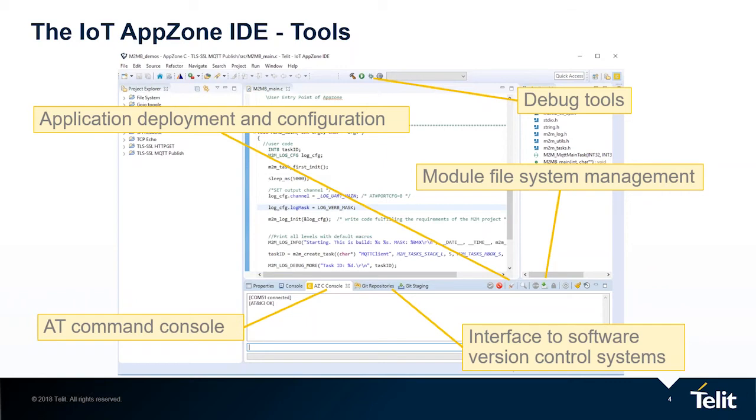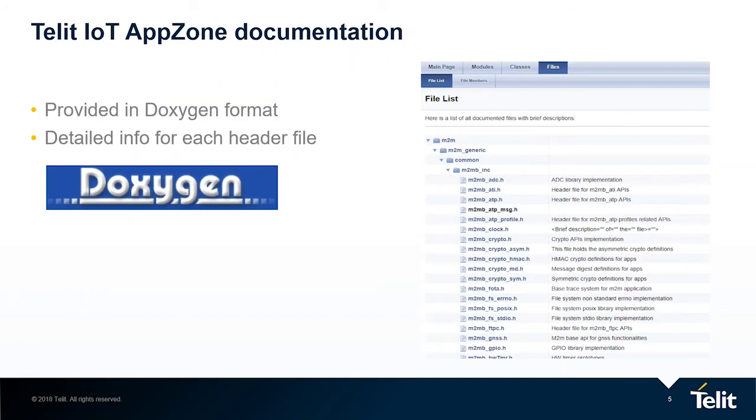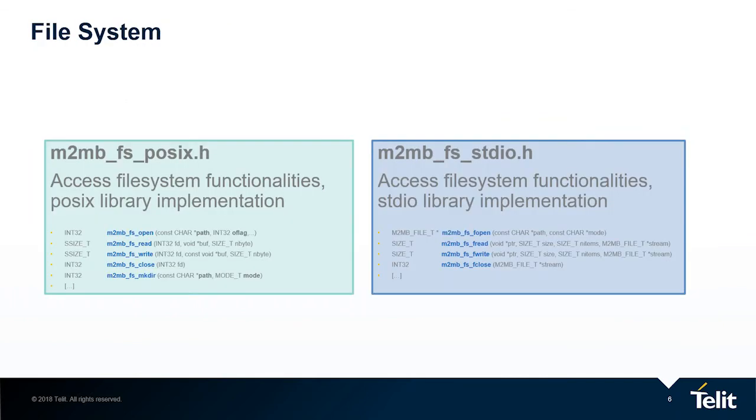All the documentation available for the new SDK format is available in Doxygen format. And you have a detailed file and information for each file of the APIs. For example, regarding file system functionalities, we have two possible formats of implementation.